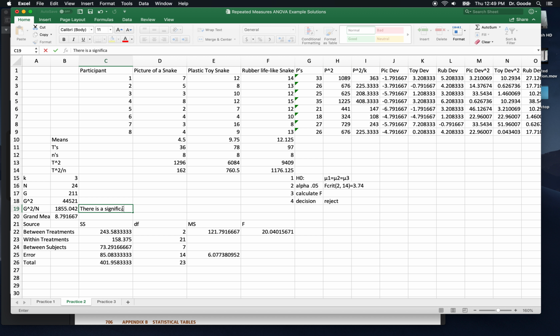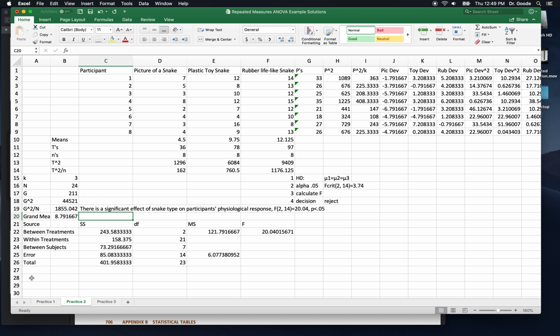There's a significant effect of snake type on participants' physiological response, with F at 2 and 14 degrees of freedom equal to 20.04 and p less than 0.05.